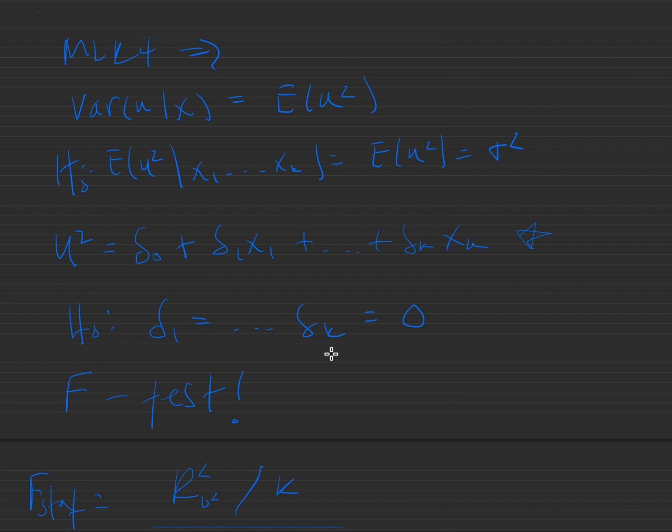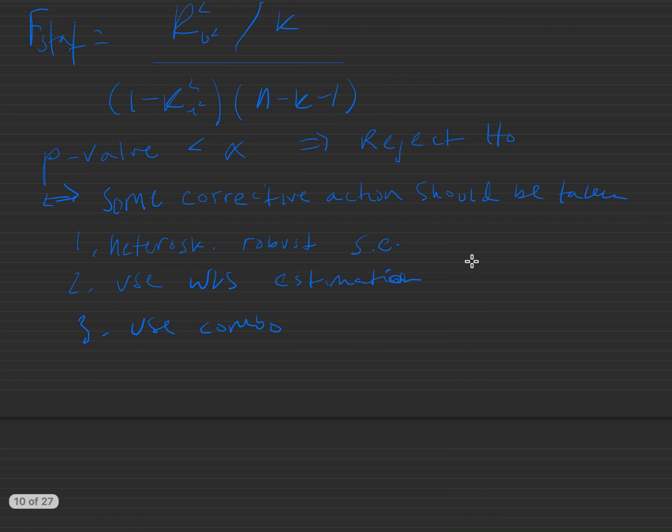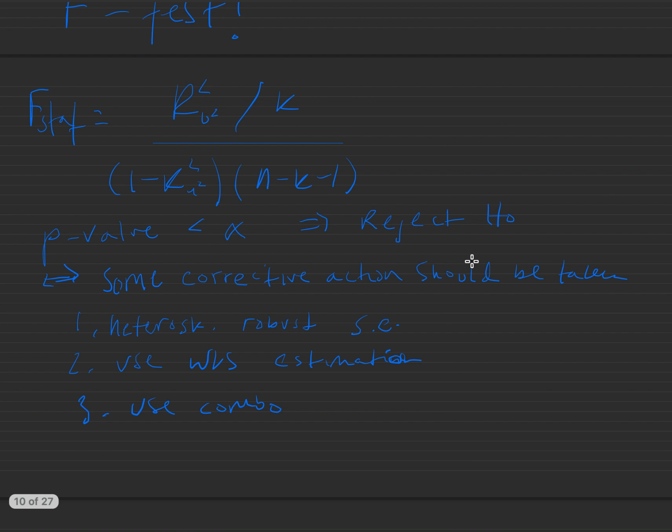So the White test does the same thing, but in this regression, instead of having just x1 through xk, you also have x1 squared, x2 squared, all the way through xk squared, and you have the cross products. So for example, you have x1 times x2, x1 times x3, so on and so forth. So that is the White test, and this is a more simple version of that.